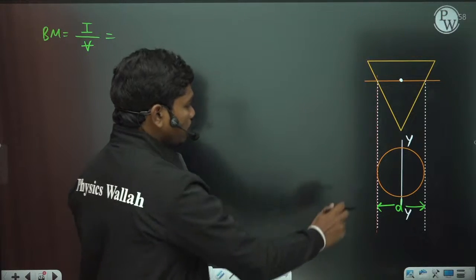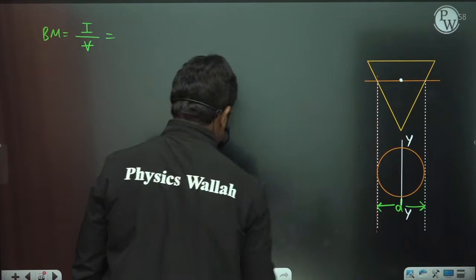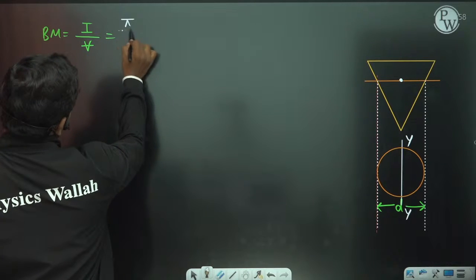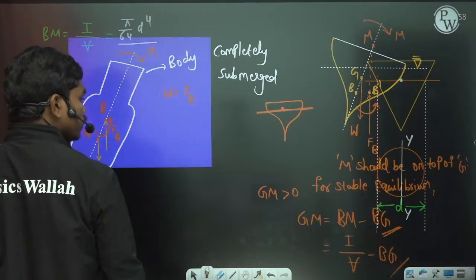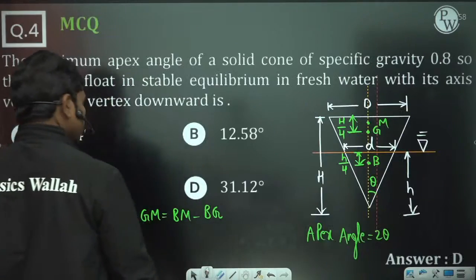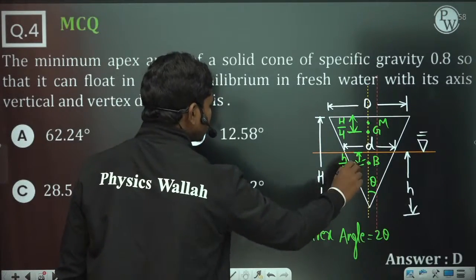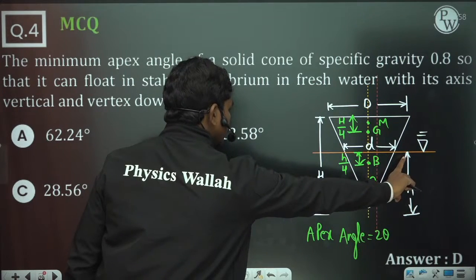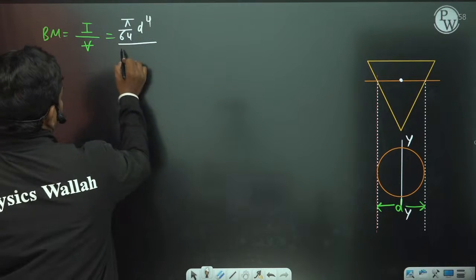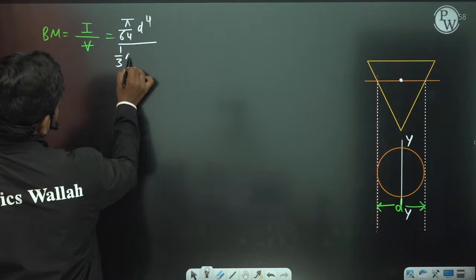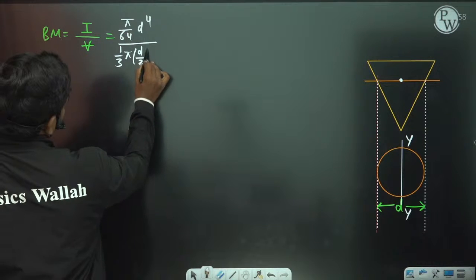So what is the moment of inertia about this axis for this cross section? Pi by 64 small d power 4, divided by the submerged volume. If h is the submerged height and d is the diameter, the volume is 1/3 pi r square h, which means d by 2 whole square into h.